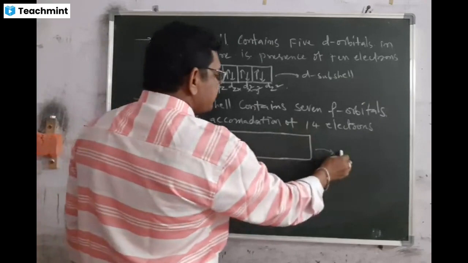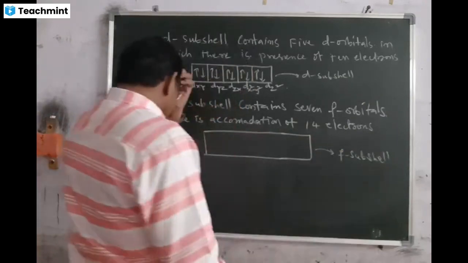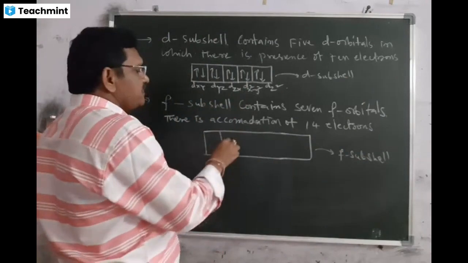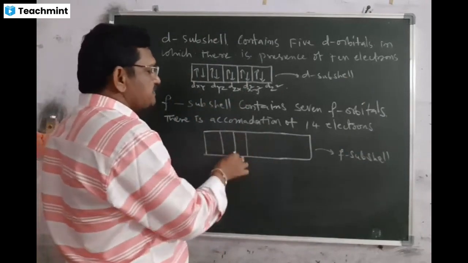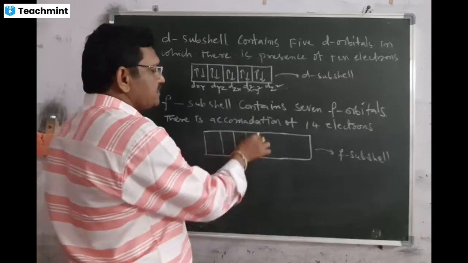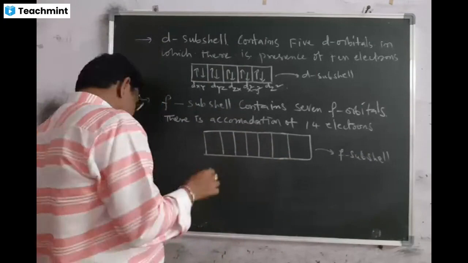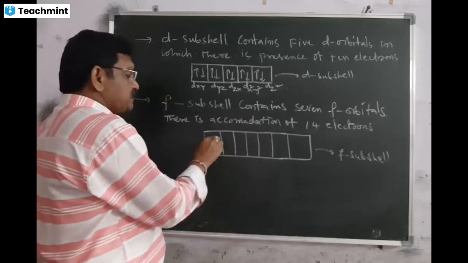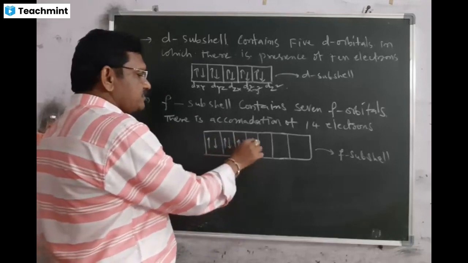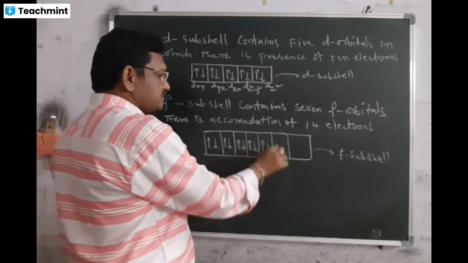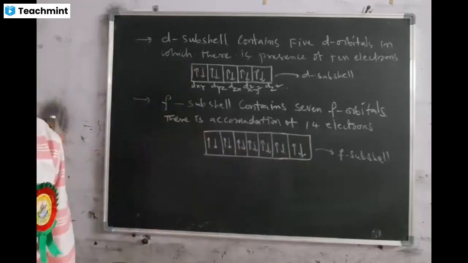This is the complete F subshell box. Here the F subshell contains how many orbitals? 7 F orbitals means 7 boxes: 1, 2, 3, 4, 5, 6, 7. Each orbital can accommodate how many electrons? 2. 7 into 2 is 14, like this.